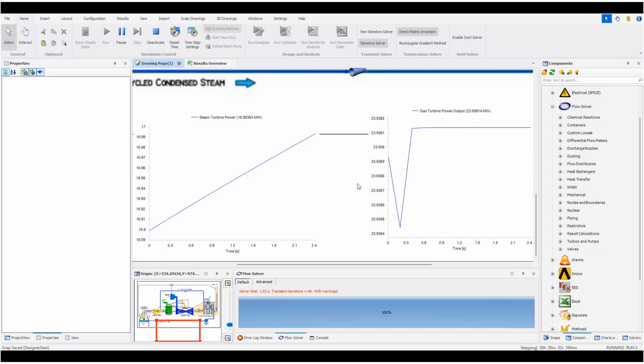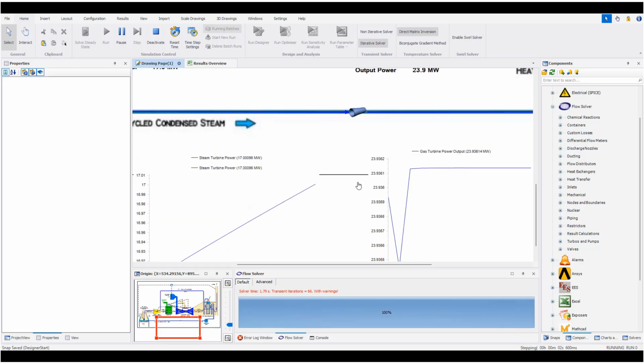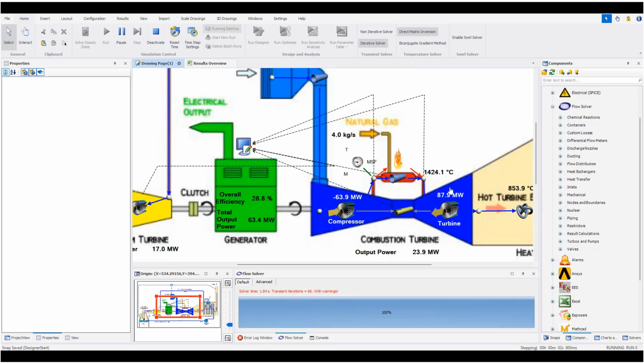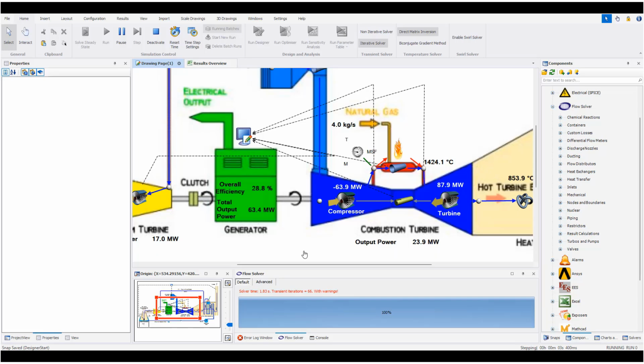You can see maybe changes here during the transient simulation. Check these values for the output power for the gas turbine and for the steam turbine.